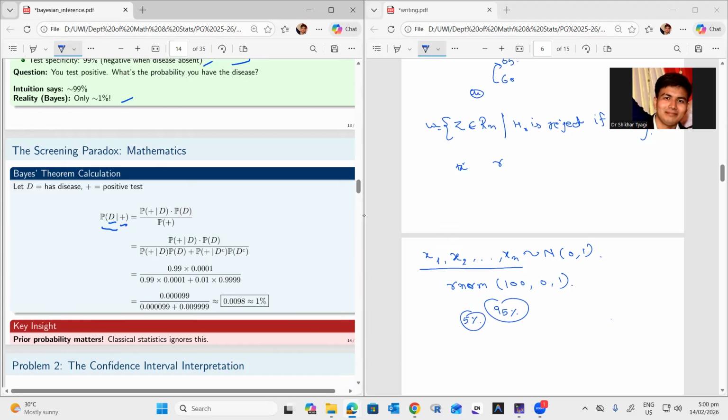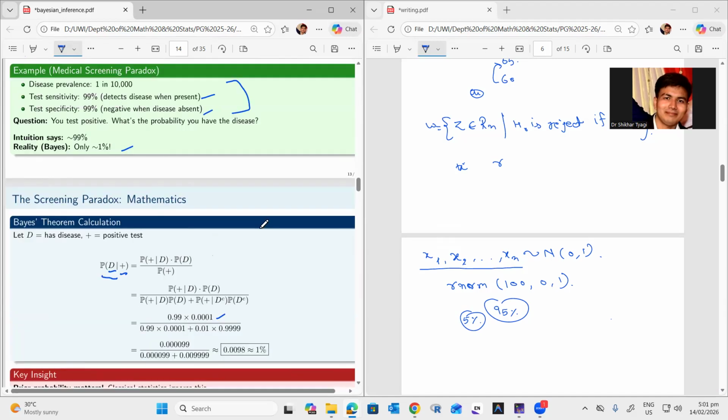So that will be 0.99 times 0.0001, because that is the prevalence, divided by 0.99 times 0.0001 plus 0.01, because that is the chance that you have a positive test when the patient doesn't have the disease, times 0.9999, the probability of not having the disease.